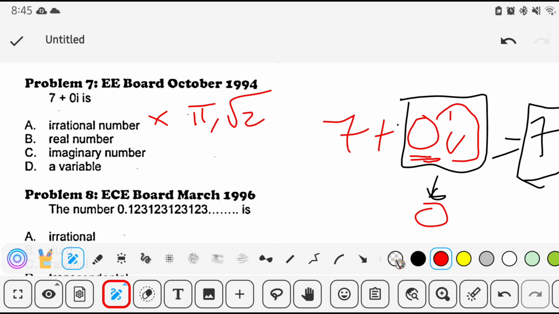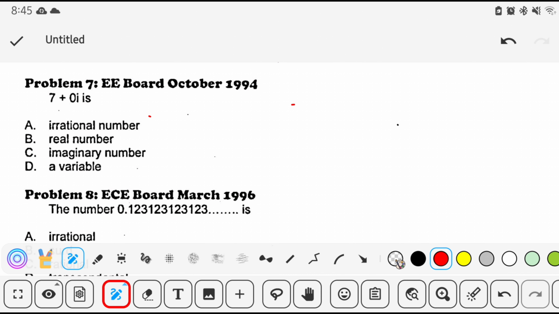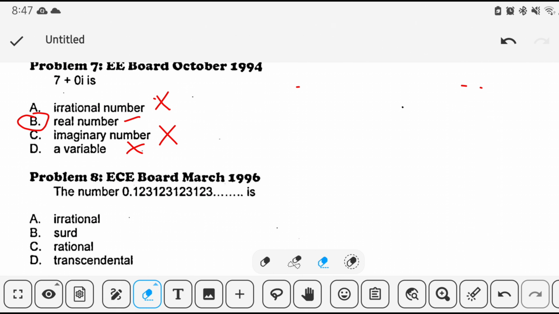You cannot express that as fractions. Real number, yeah. How about imaginary? No, we already answered that. It's not imaginary because we simplified the expression. A variable? No. So our answer would be a real number. 7 is a real number.